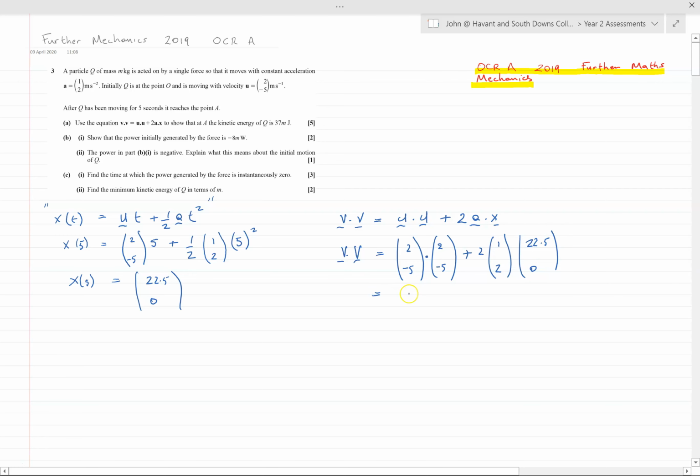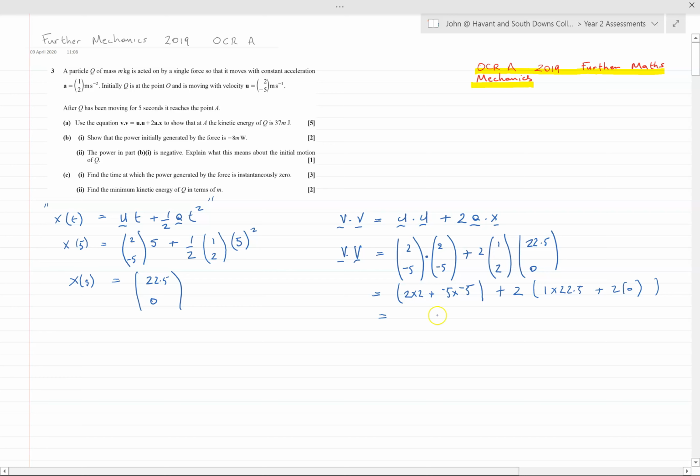So this bit here is equal to 2 times 2 plus minus 5 times minus 5, plus 2 times 1 times 22.5, plus 2 times 0. So this bit here will be equal to 45. This bit here will be 25 plus 4, which is 29.